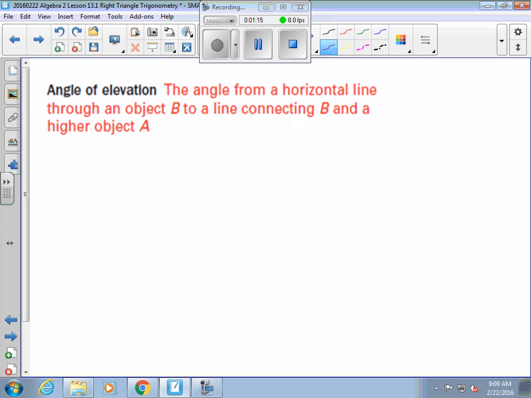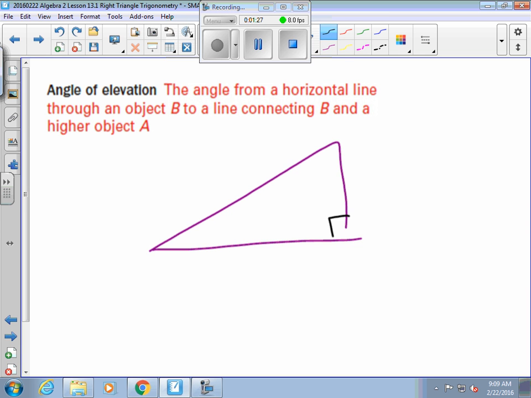The other two definitions are called an angle of elevation and an angle of depression. All that's talking about is when you're looking at something; you'll typically see it with the real life problems that go with it. An angle of elevation is if you're looking from this perspective right here, and you can see that the angle is elevating. An angle of depression is the exact same thing, but the other way.